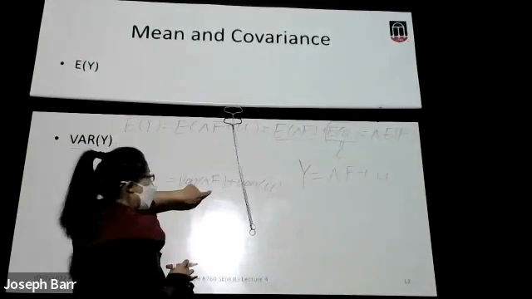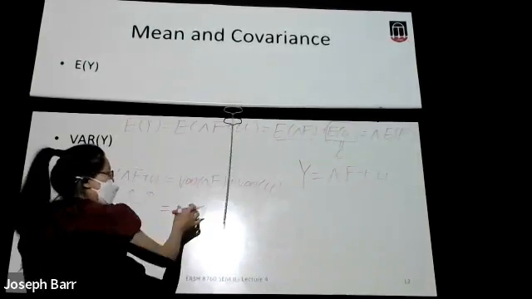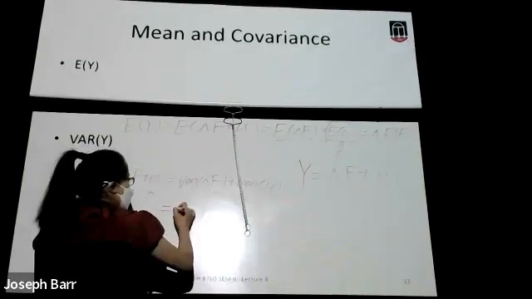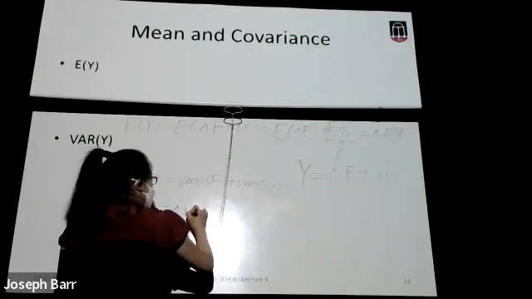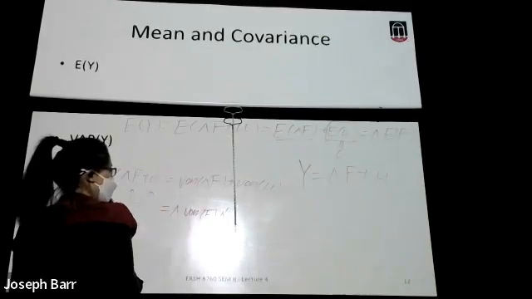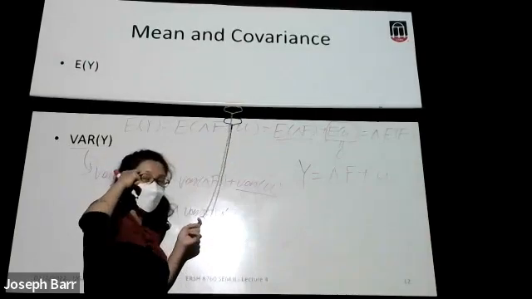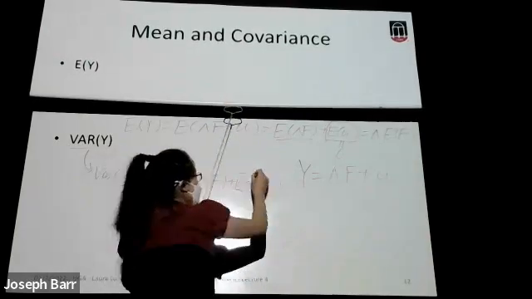Variance of lambda times F follows the variance rules. What is that? Equals lambda times the variance of F times the transpose of lambda, okay? And then variance of U, think about our assumption. We assume that this term is psi.